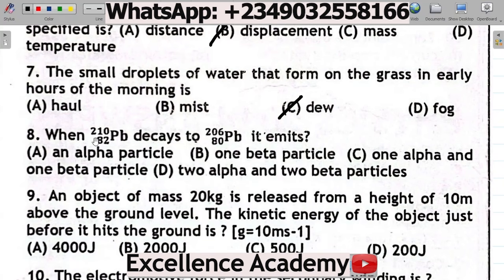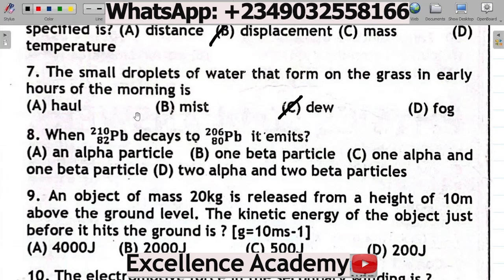Question 8 says, when lead 210, mass number 210, atomic number 82, decays to lead 206, mass number 206, atomic number 80, it emits A, an alpha particle, B, one beta particle, C, one alpha and one beta particle, D, two alpha and two beta particles.